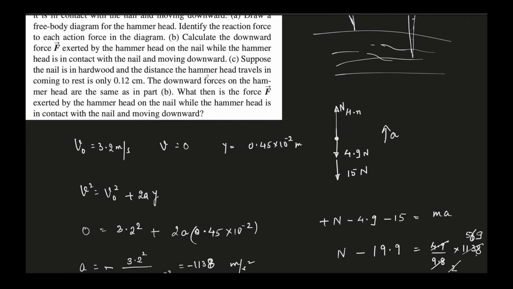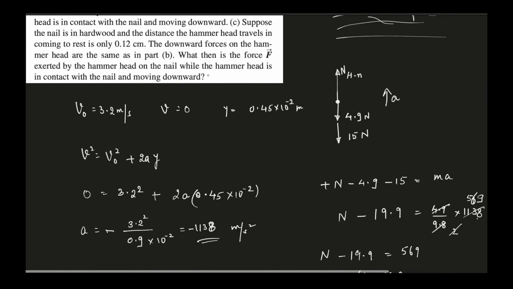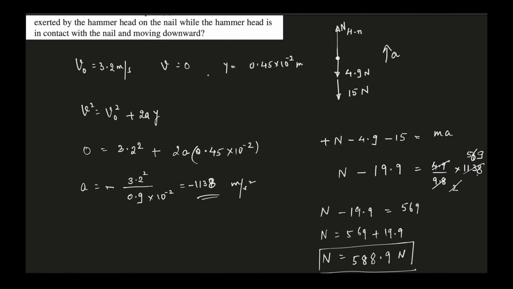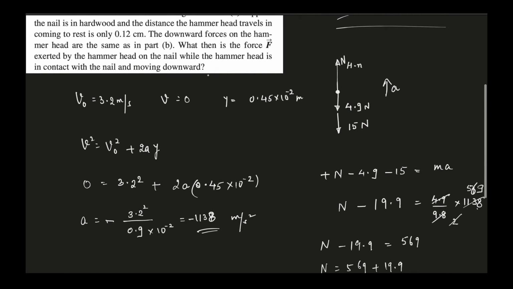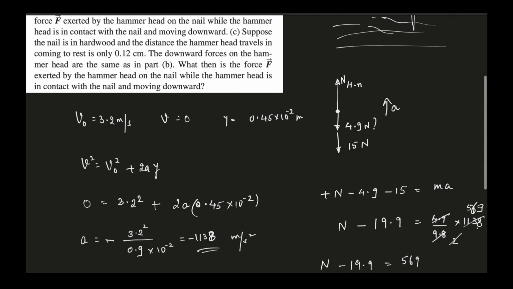It would just be 15 plus 4.9. It would be 19.9 Newton. Yeah, the downward force will be only this together. This is F down.